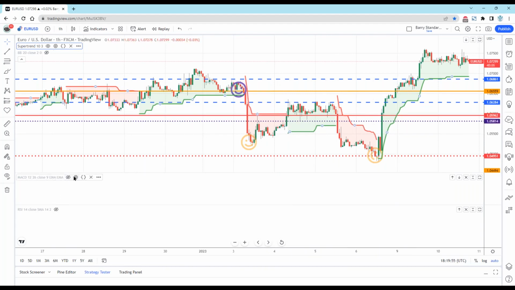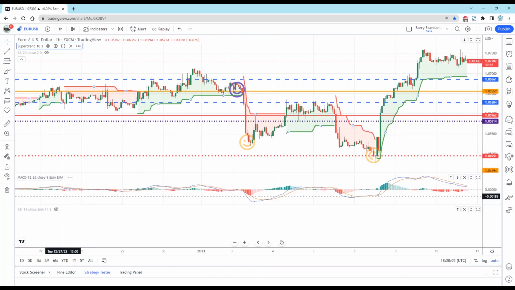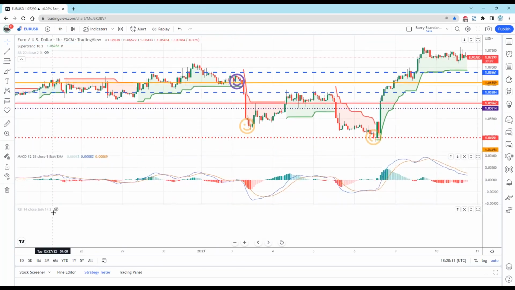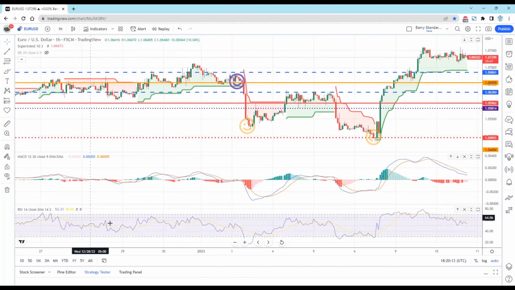Now, I've also added onto my charts MACD and RSI, because these three things work well together.